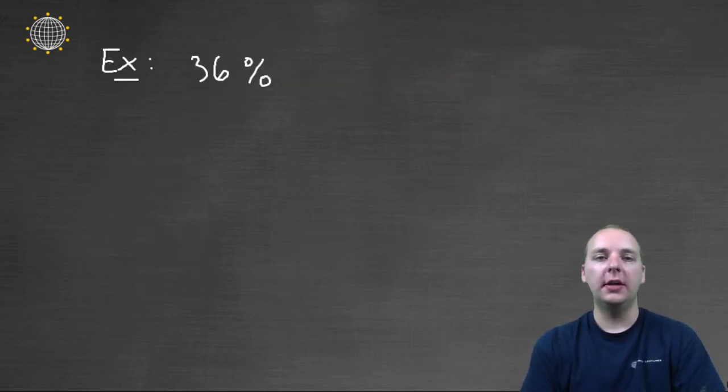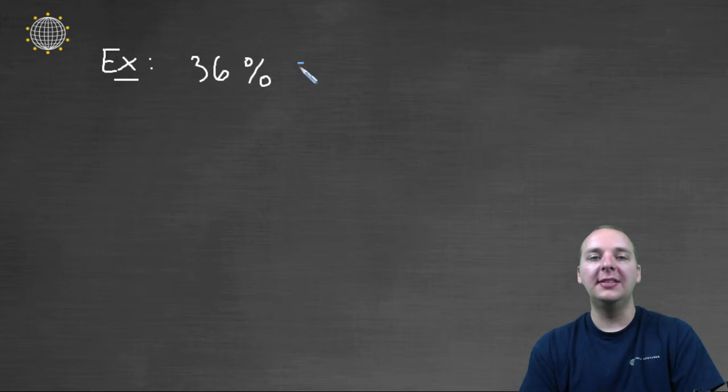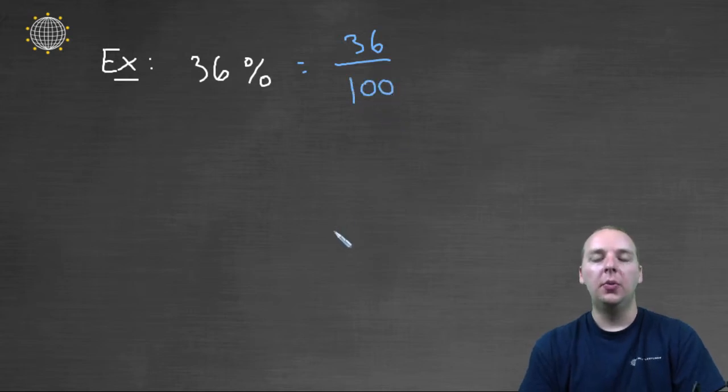Now let's go the other direction. 36%. Well, this is a much more straightforward route. 36% literally by definition means 36 out of 100. Let's see if we have any common factors here between 36 and 100.